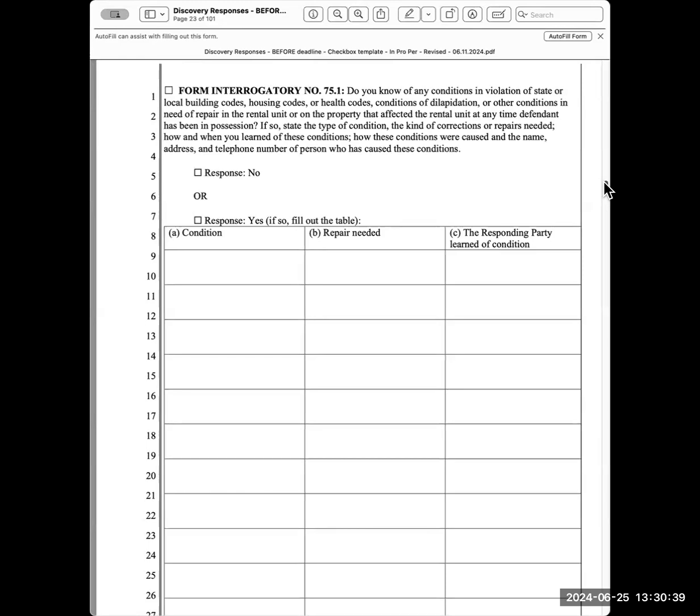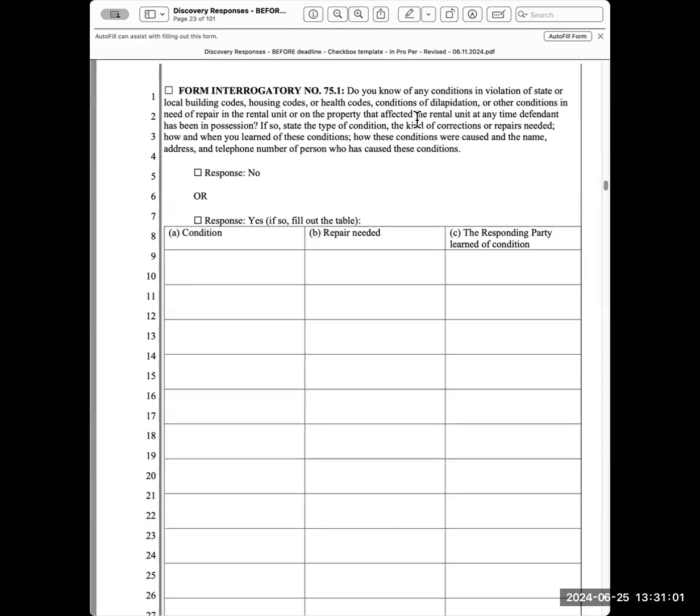Question specifically says, do you know of any conditions in violation of state or local business codes? Now remember, this is ors, or, not and. So if one of these in the list doesn't apply, it doesn't mean you go on to the next question. Just make sure you read the full question.